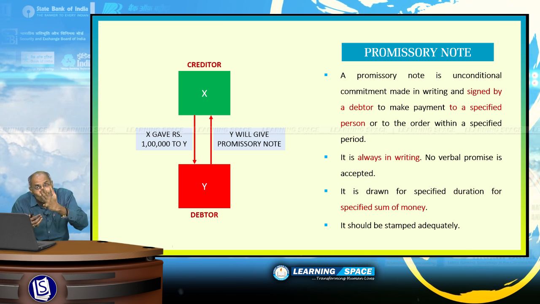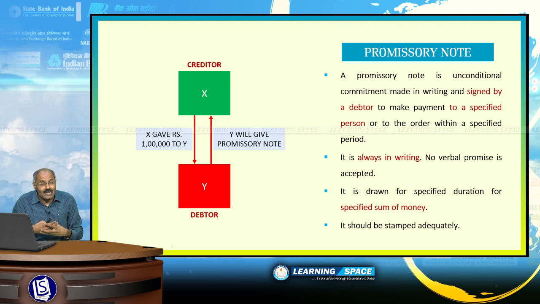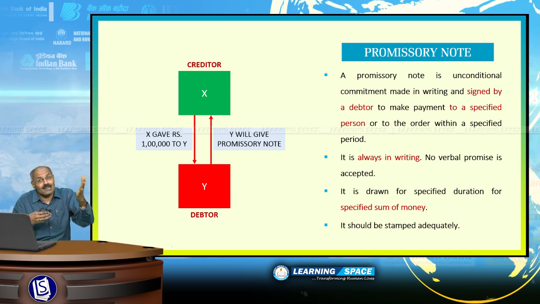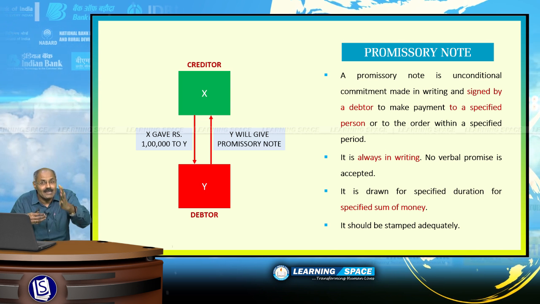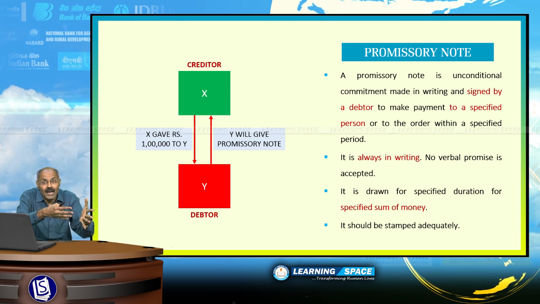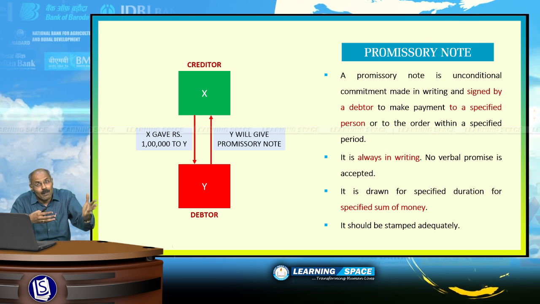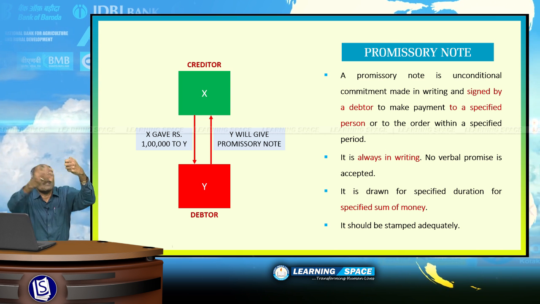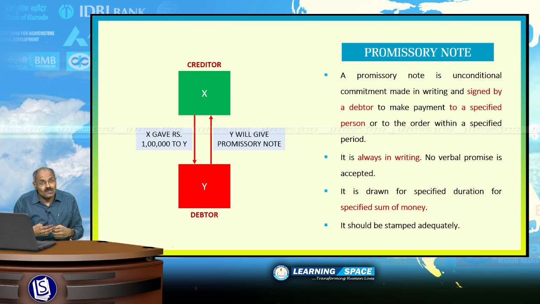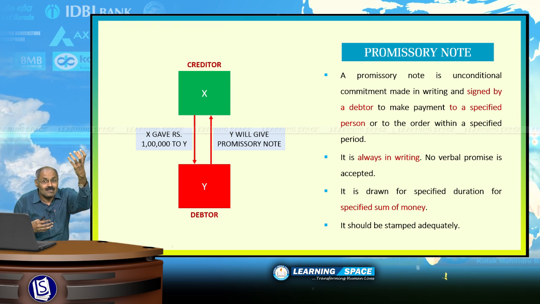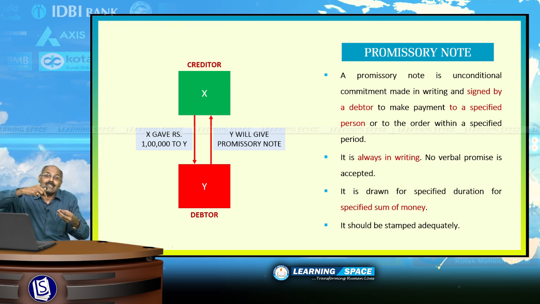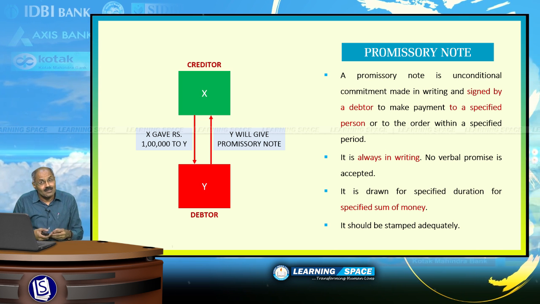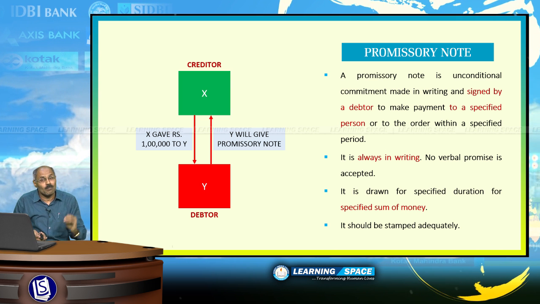So, promissory note is unconditional commitment made by Y in writing and signed by the debtor, in this case signed by Y, to make payment to a specified person, that is X, or to the order within a specified period. That means Y borrowed money from X, and in return Y has written promissory note to X. This is the second type of instrument, promissory note.